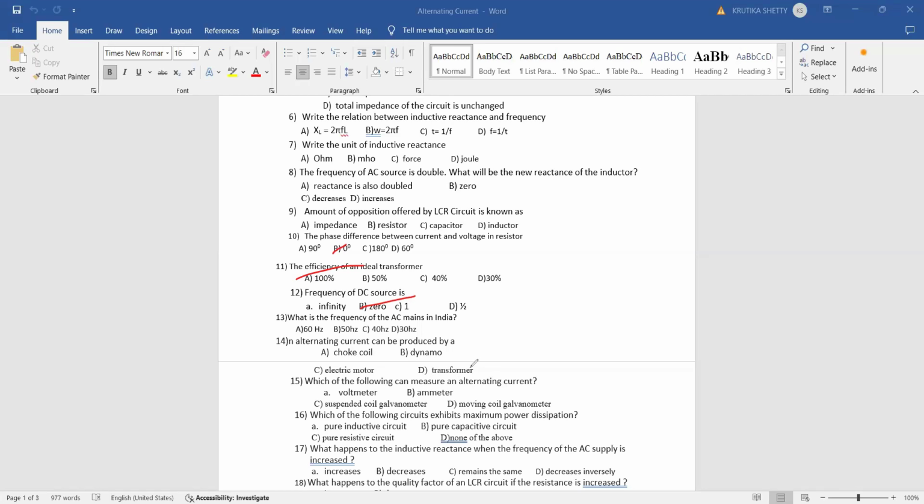Please don't say transformer, because in a transformer we increase and decrease it. It is electric motor or it is dynamo.